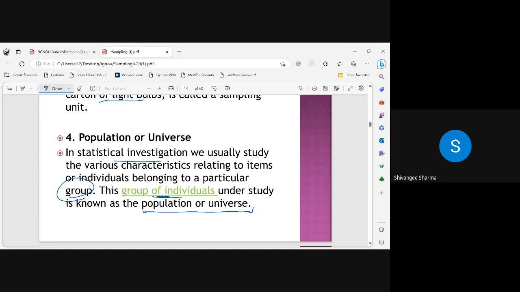So analyzing the investment behavior of youth, where youth belongs to the age of 20 to 30 years. Okay, now the population for this study will be the entire youth of 20 to 30 years.